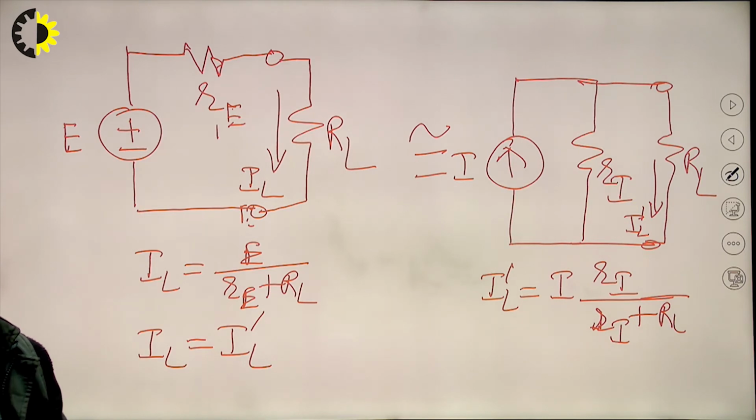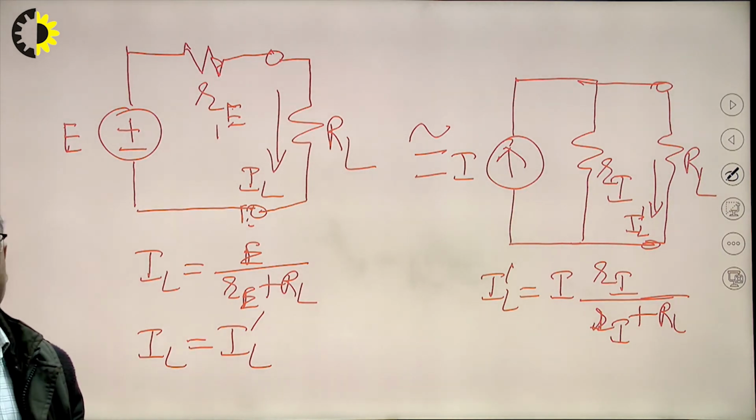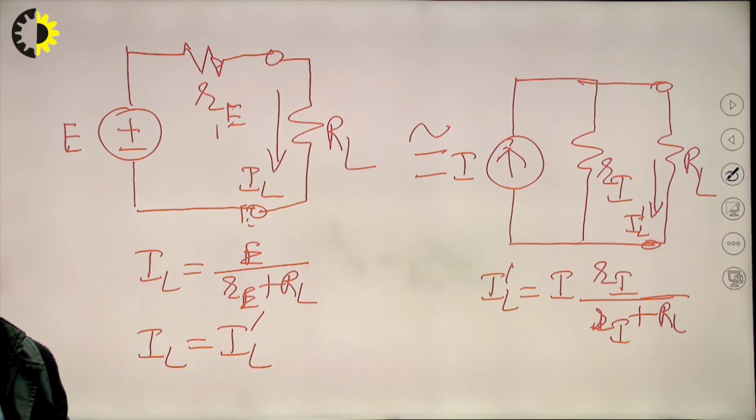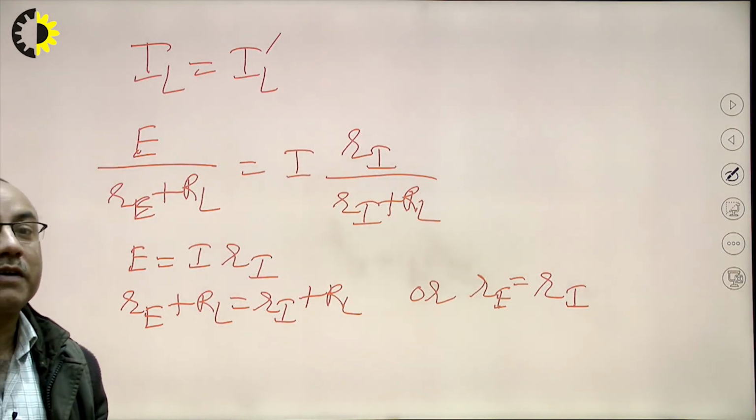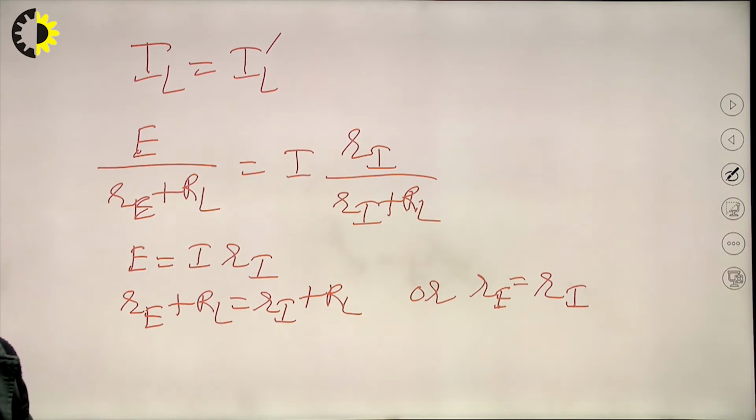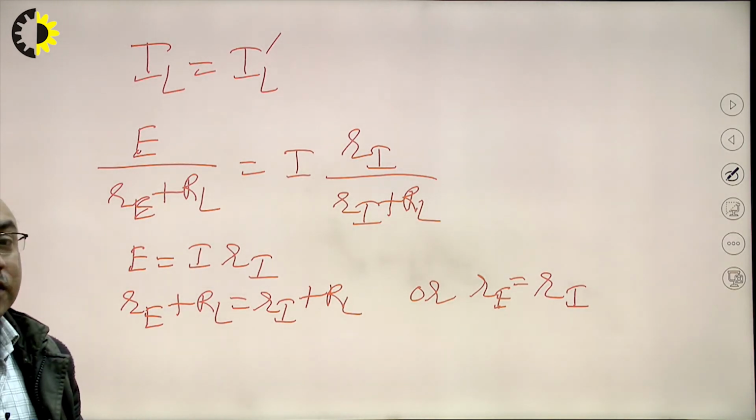The reason being, in an ideal voltage source internal resistance is 0, which is connected in series, as we have already discussed, and similarly for an ideal current source internal resistance is infinite, which is connected in parallel. And for the conversion from voltage source to current source or vice versa, the internal resistances should be equal, as we have found here. R E should be equal to R I, where R E is the internal resistance of the voltage source and R I is the internal resistance of the current source.